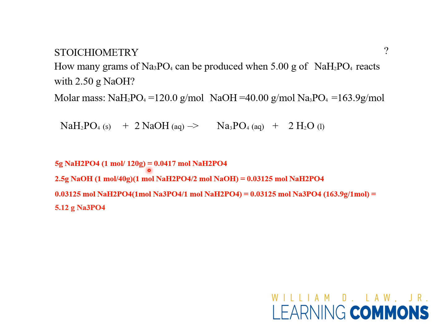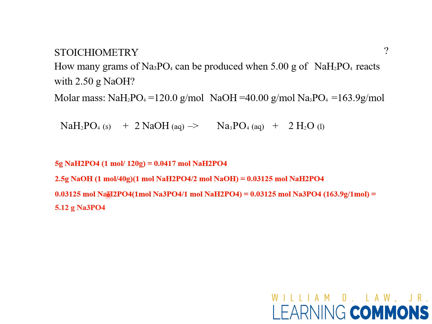The gram cancels with the gram, and I end up with 0.0417 mole sodium dihydrogen phosphate. Then I convert the sodium hydroxide from gram to mole. If you see 2.5 gram sodium hydroxide, 1 mole equals 40 gram, and the gram cancels with the gram.